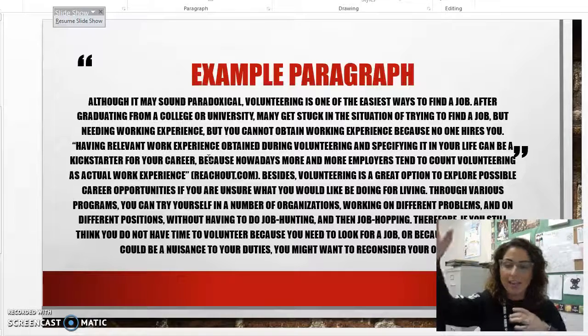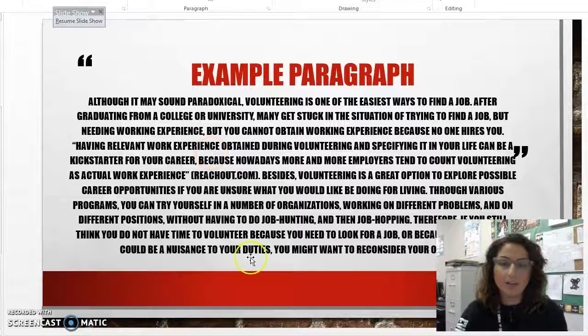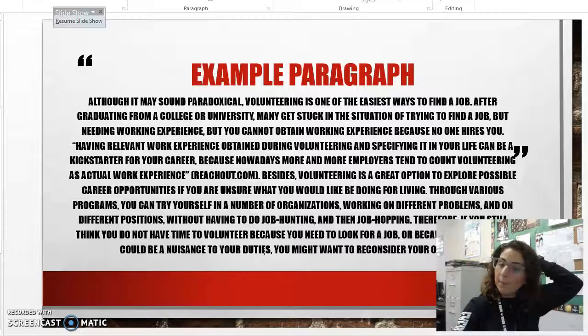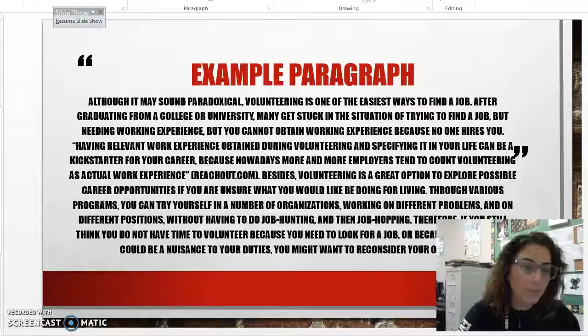So they say it and then they back it up with evidence, so that gives the students an easy way to transition. And then they go on to tell them, reconsider your opinion, because volunteering is actually beneficial to not just the people you're helping, but to yourself as well.